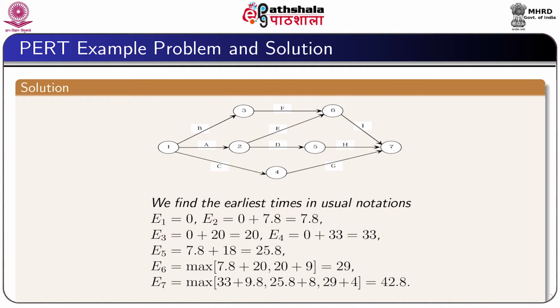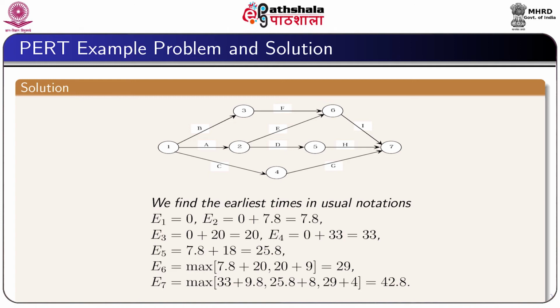But for the sixth event we have 2 merged activities 3 6 and 2 6. Therefore, we have to take the maximum of 7.8 plus 20 and 20 plus 9, which is equal to 29.